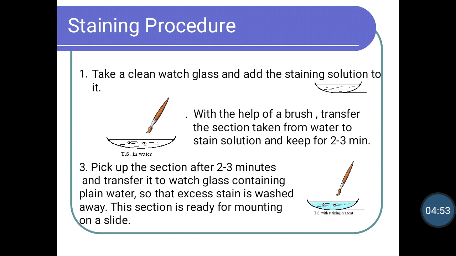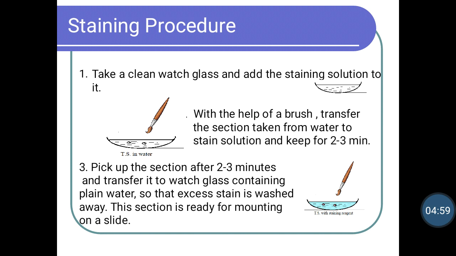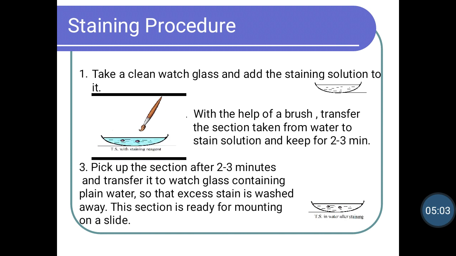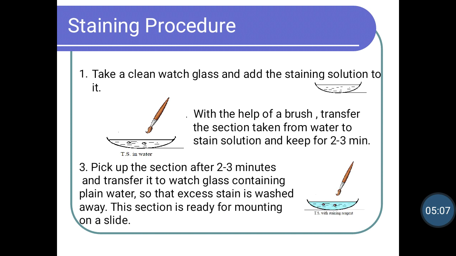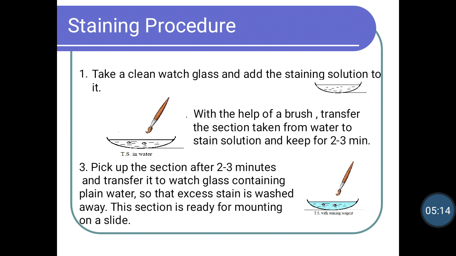Then pick up the section after 2 to 3 minutes and transfer it to a watch glass containing plain water, so that whatever excess stain is there along with the section gets washed away, and in this way the section is ready for mounting on slide.